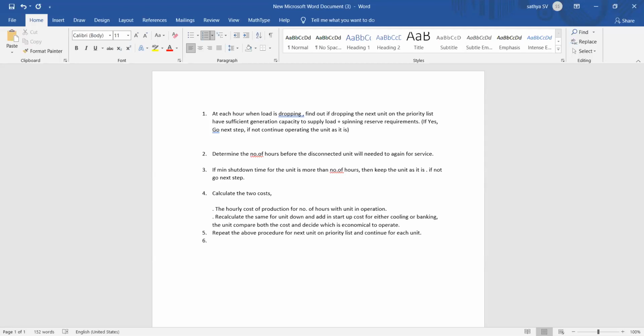Right, understand the algorithm for priority list method? Having any doubts in priority list method?